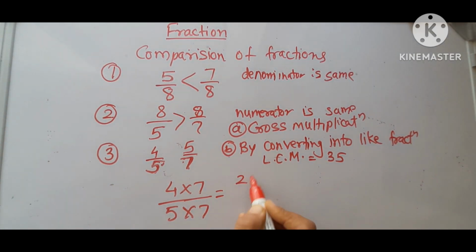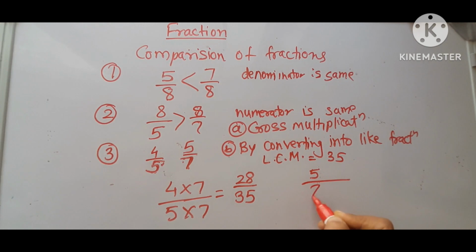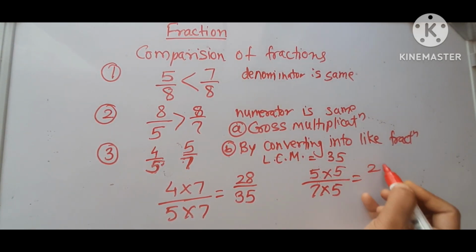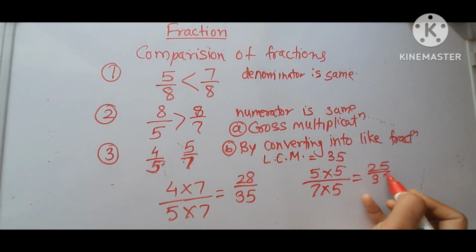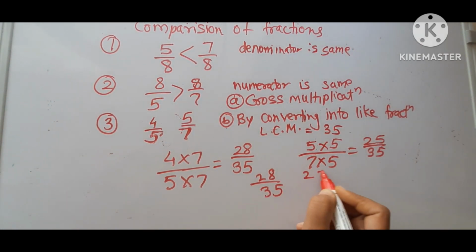Now we know 7 fours are 28, so 28 by 35. Similarly for 5 by 7, I need to multiply by 5 to get 35. Again, if I am multiplying the denominator, I will multiply the numerator as well. This gives me 25 by 35. Now I have 28 by 35 and 25 by 35.